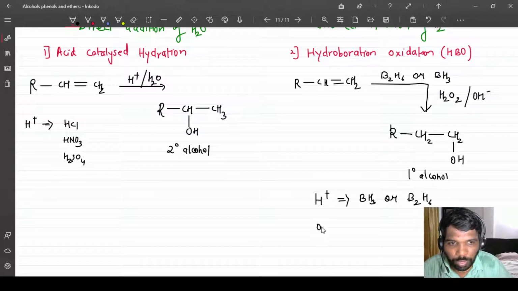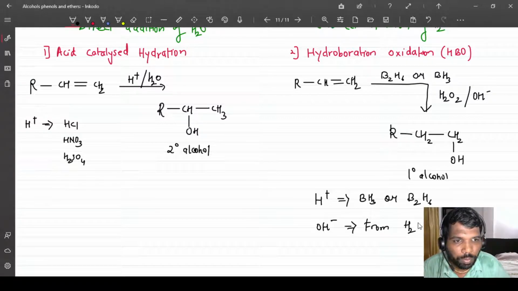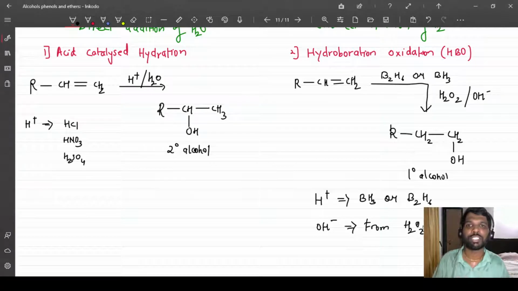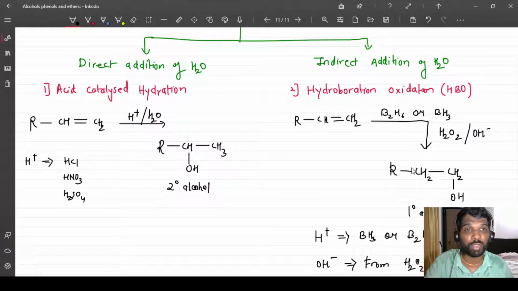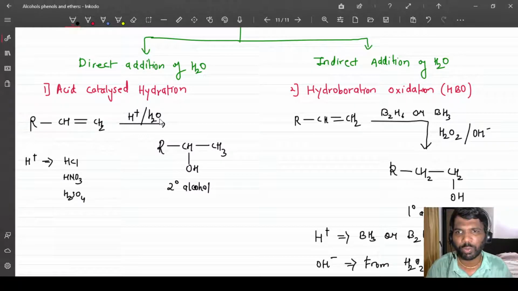And the OH minus, the negative part, which is also added over here, is from H2O2. That's why one of the reactions is called indirect addition, and this is direct addition, because hydrogen and OH are from the same part.